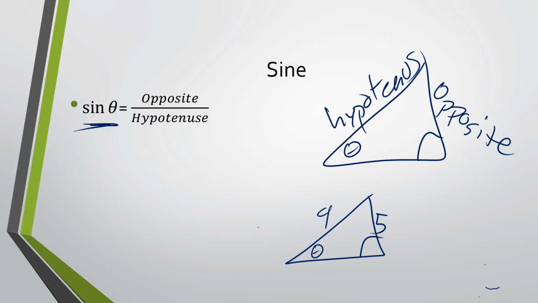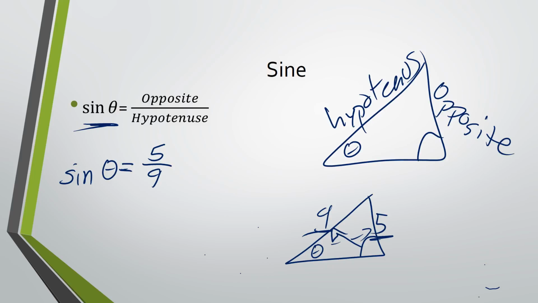So we have our opposite side, which is 5, directly across from the theta, and our hypotenuse, which is directly across from the 90 degrees. So for this, we'd say that the sine of theta, whichever angle we have, sometimes we'll be given the angle, sometimes we won't, will be equal to the opposite, which in this case is 5, over the hypotenuse, which in this case is 9. So the sine is the opposite side over the hypotenuse.